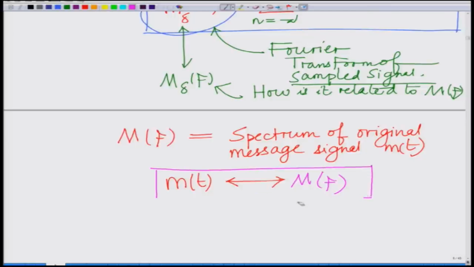So, we know the spectrum of the original signal, m of f. That is, m of t is the original message signal, and its spectrum is m of f.